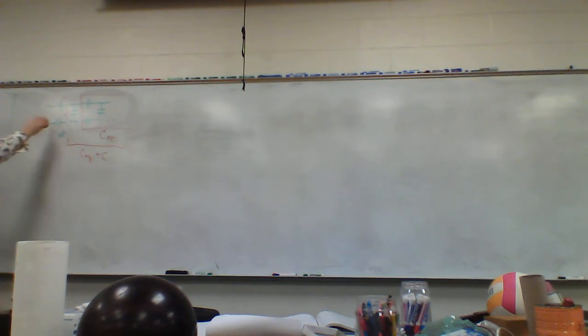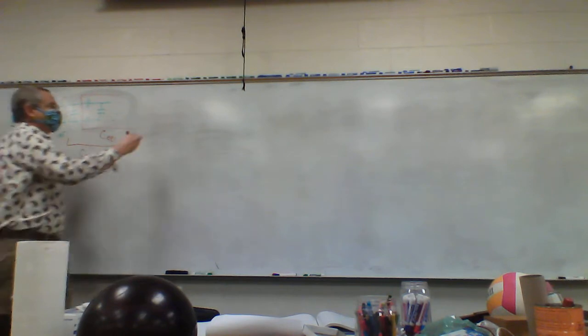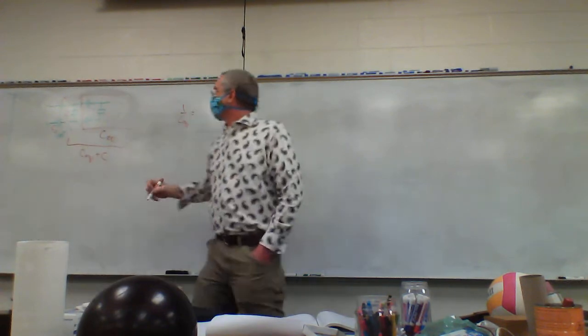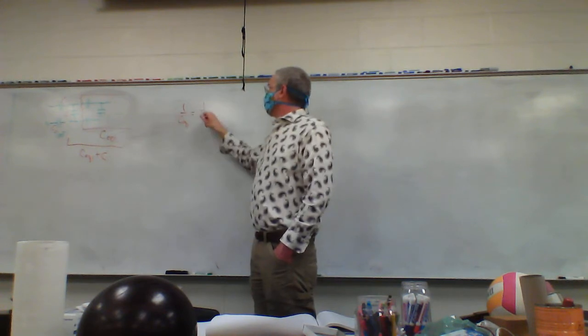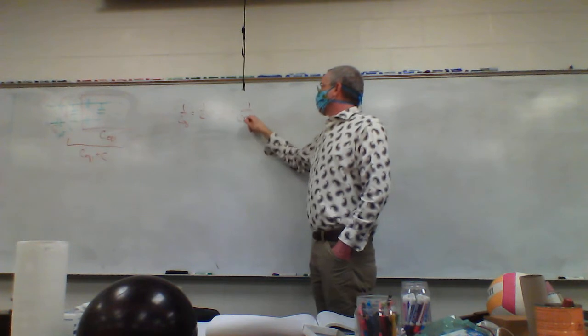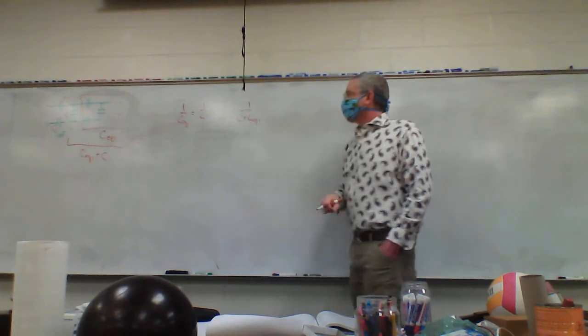And so then I have this series here of this one, this, and that. So my equivalent capacitance for the whole thing is going to be 1 over C plus 1 over C plus 1 over C plus CEQ1.